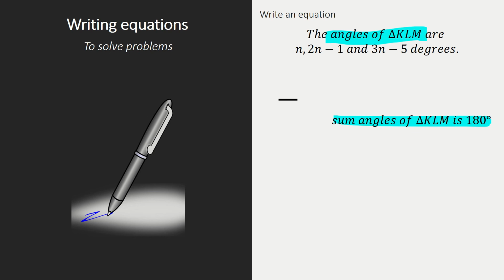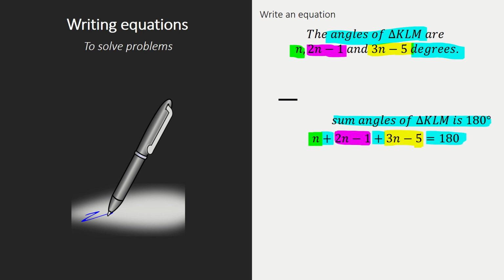What we know as well is that we have angles called n, 2n minus 1, and 3n minus 5 degrees. So if we add them all together, our answer must be 180 degrees. So n plus 2n minus 1 plus 3n minus 5 equals 180 degrees. And please, when you do this, do not forget to write down your degree symbol.